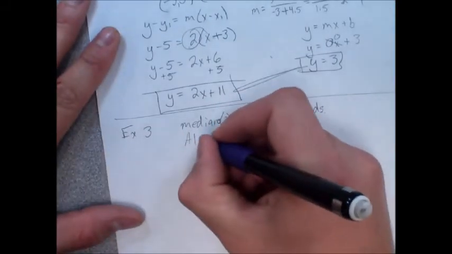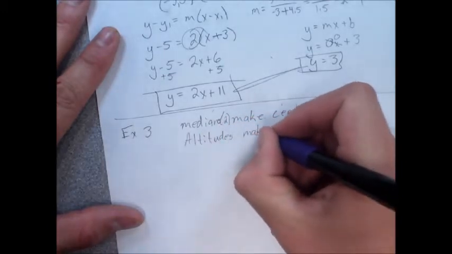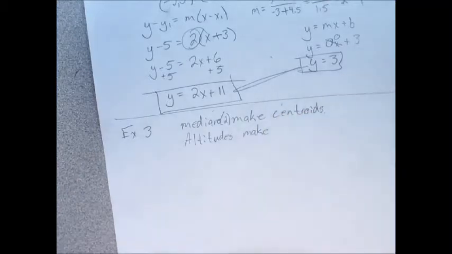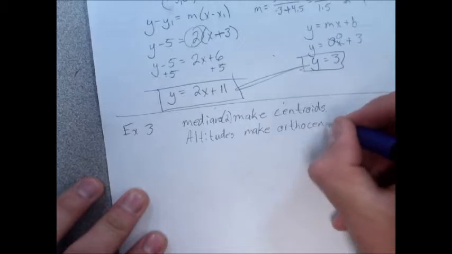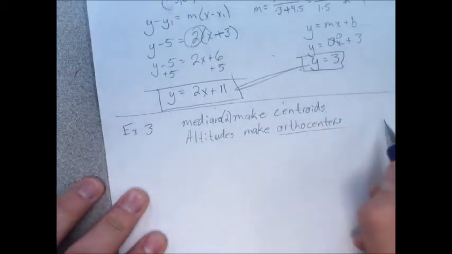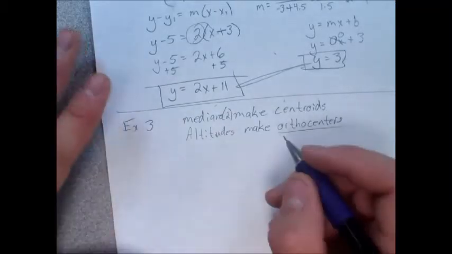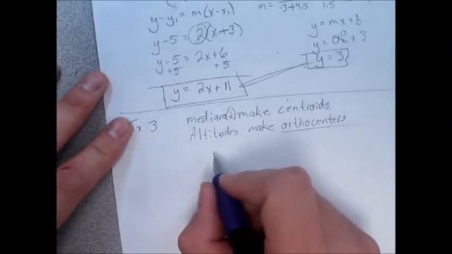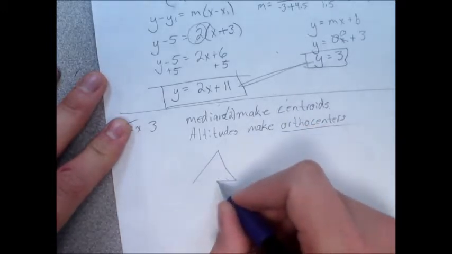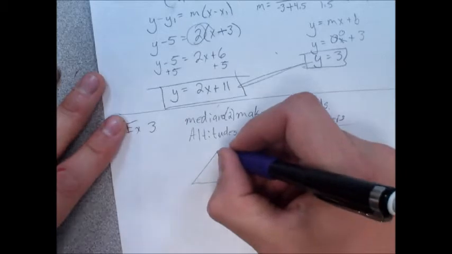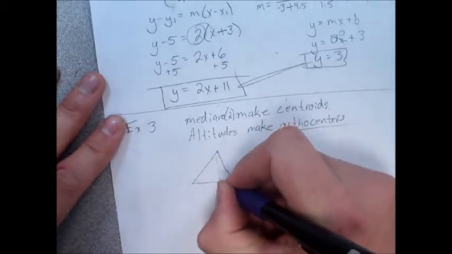Altitudes make orthocenter. So this is the new word that we need to define. Basically, an altitude connects the highest point to the base with a right angle, right?